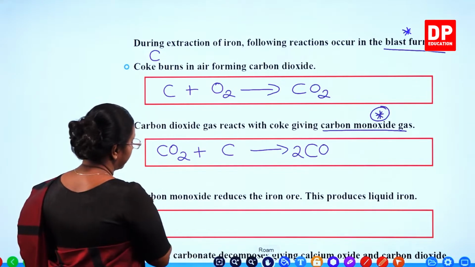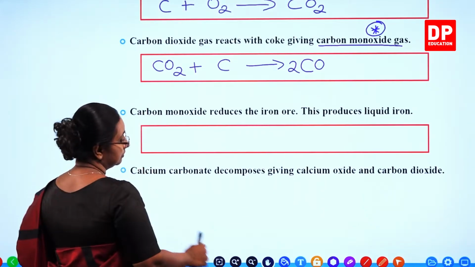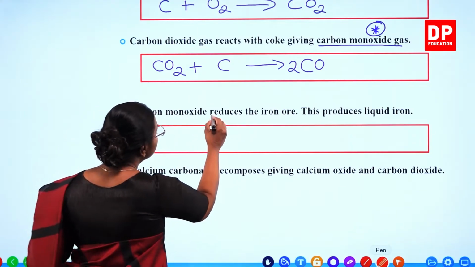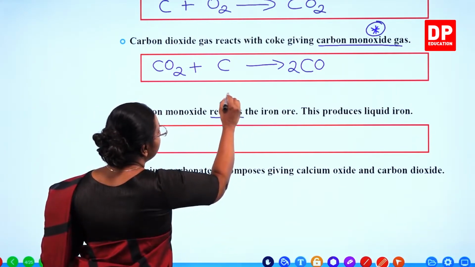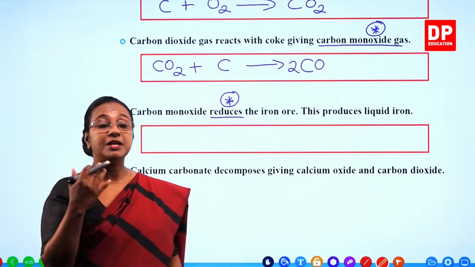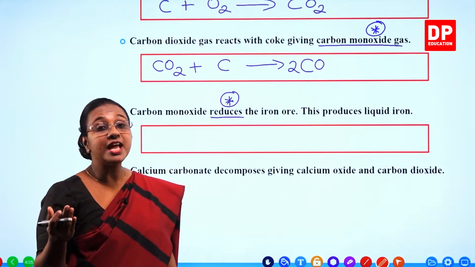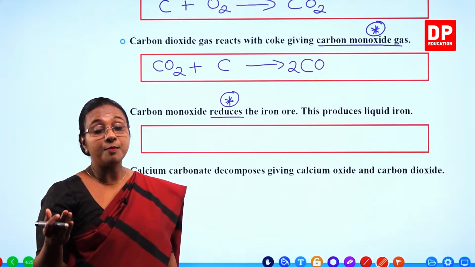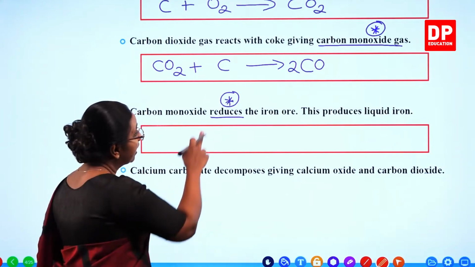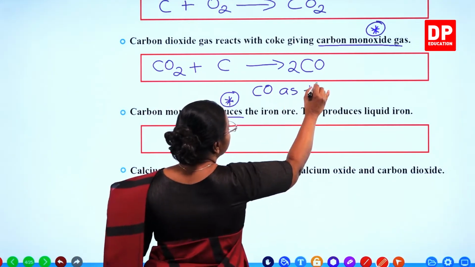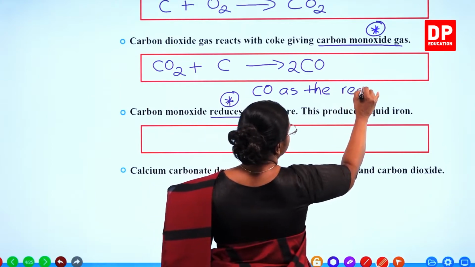Then the next reaction, carbon monoxide reduces. Now I have explained this term. That particular reaction is known as reducing reaction or reduction of iron from hematite. So that is why we call carbon monoxide the reducing agent.